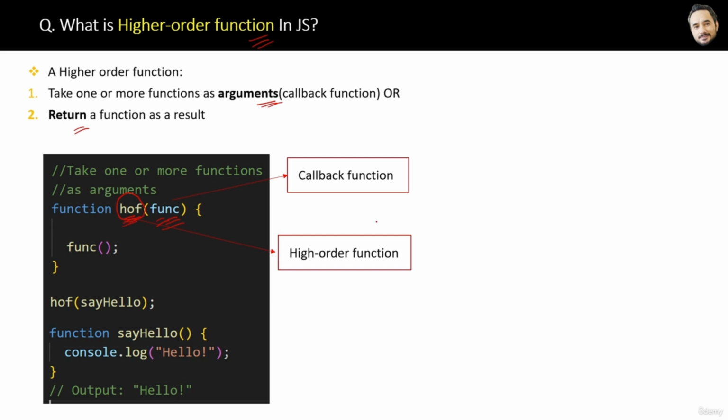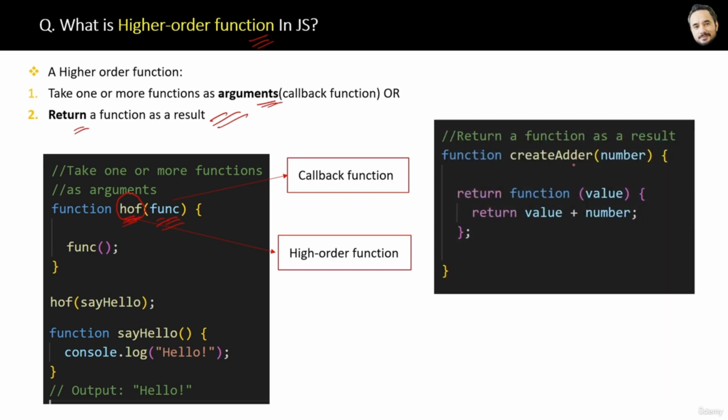Now the second type of higher order function returns a function as a result. See this function, the createAdder function is a higher order function here because inside it we are returning the result of this function, which is just adding the value and the number. And this function is anonymous, but it can be a named function as well.